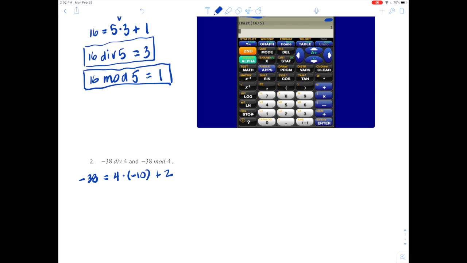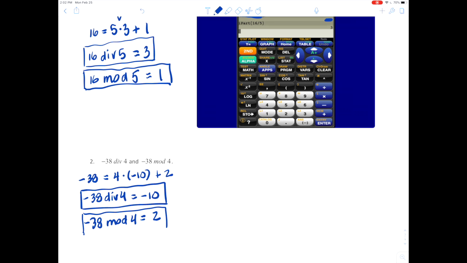So just double check. 4 times negative 10 is negative 40. You add 2 to that, you get negative 38. So we're good to go. Negative 38 div 4 then is equal to negative 10. And negative 38 mod 4 is that remainder, which is 2.